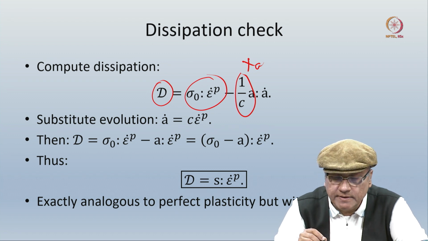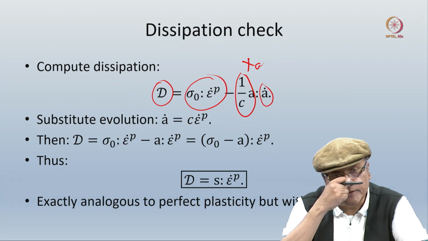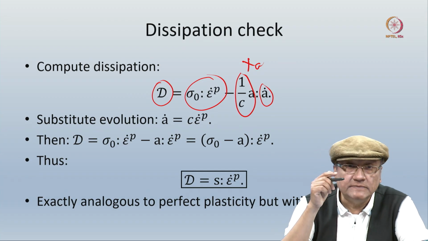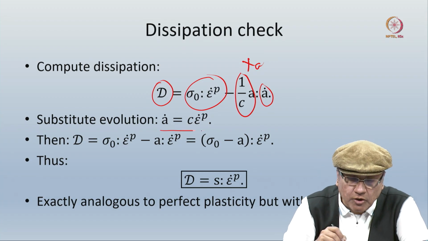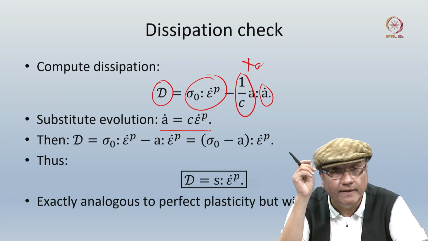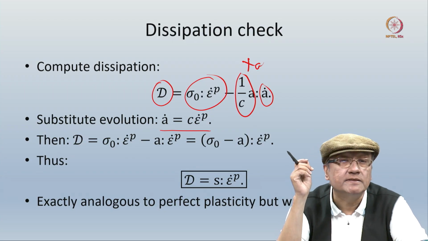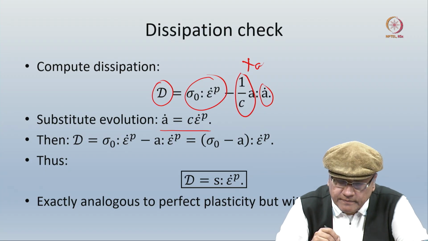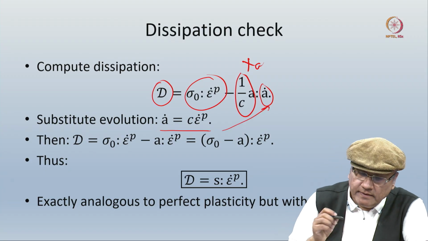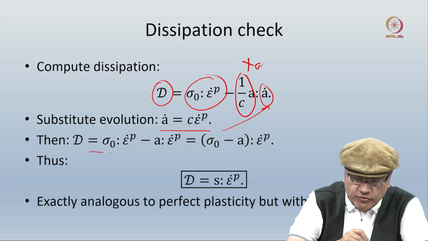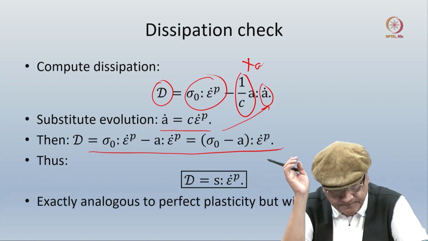A dot is the rate of back stress. Okay. Now let us substitute the Prager law for evolution of A, which is A dot equal to C times epsilon p dot. Put that here. Okay, then you get this in a very straightforward manner so far.